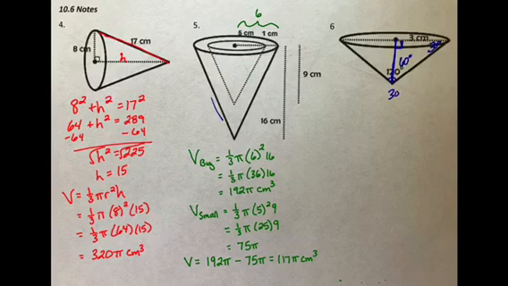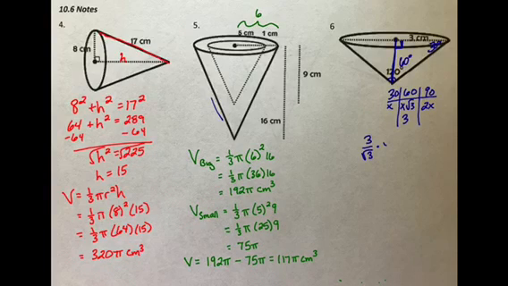So I have a 30, 60, 90 triangle. So I can use my ratios of x, x root 3, and 2x. And since the side across from the 60 is the 3, to find out what x is, I'm going to have to take 3 and divide it by the square root of 3.